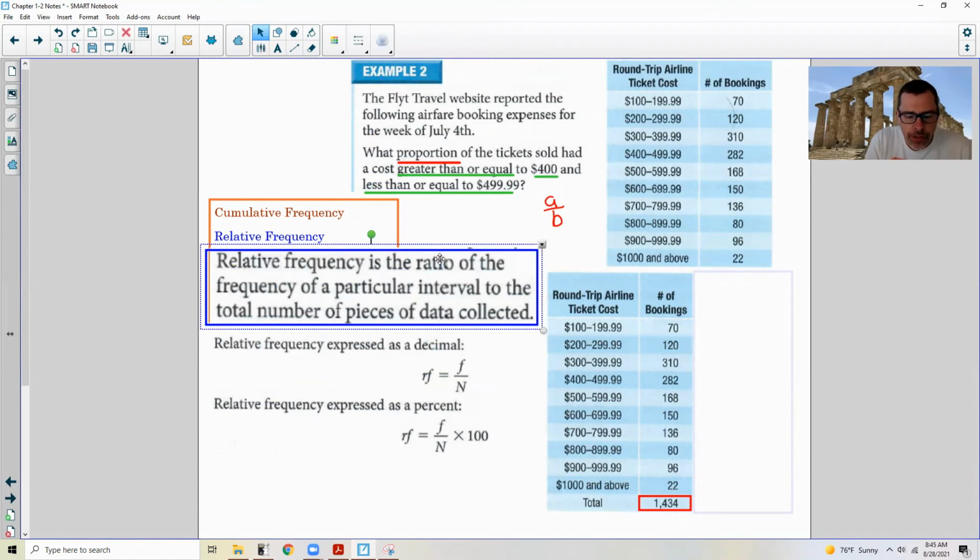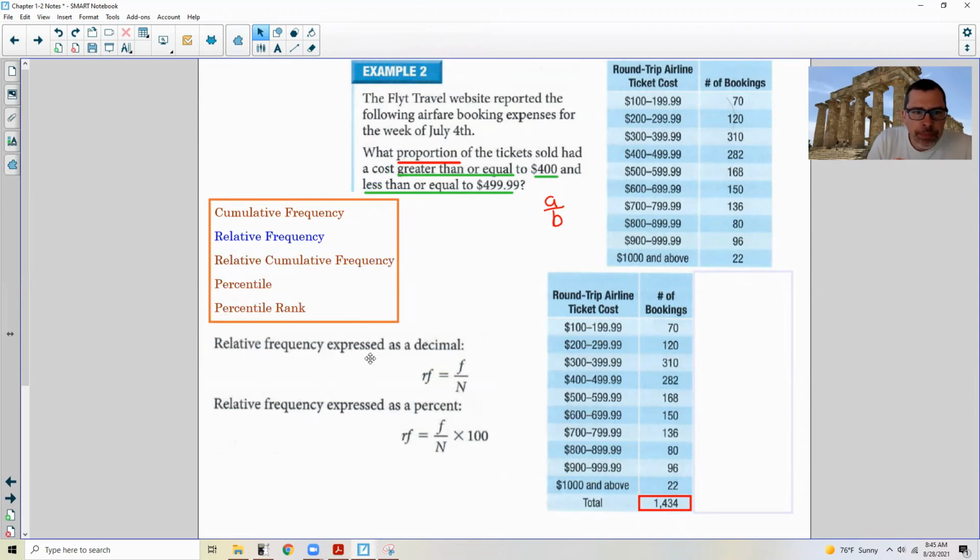Relative frequency expressed as a decimal, RF is just short for the relative frequency, and that equals F divided by N. I don't really like the way they depict this in the book because it looks like some variable R times some F, and these two F's are the same, but that's not the case. That RF just means relative frequency, and this is the frequency divided by N being our total.